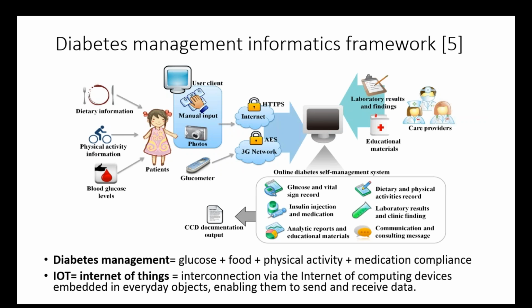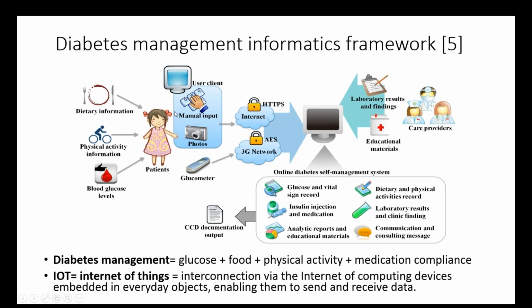I feel that I have an informatics perspective, which means my brain thinks data and algorithms. The typical diabetes management framework is that the person has to measure basically four things: glucose level, food intake, physical activity level, and medication compliance.